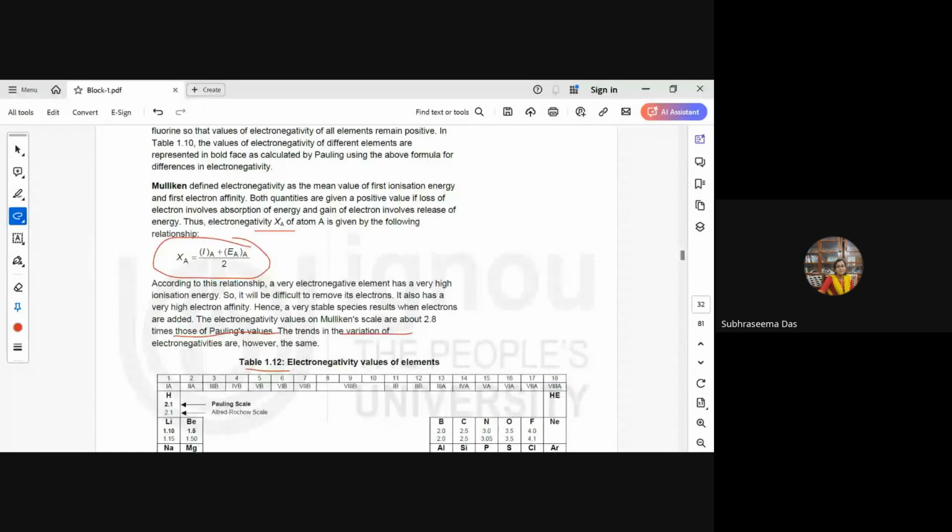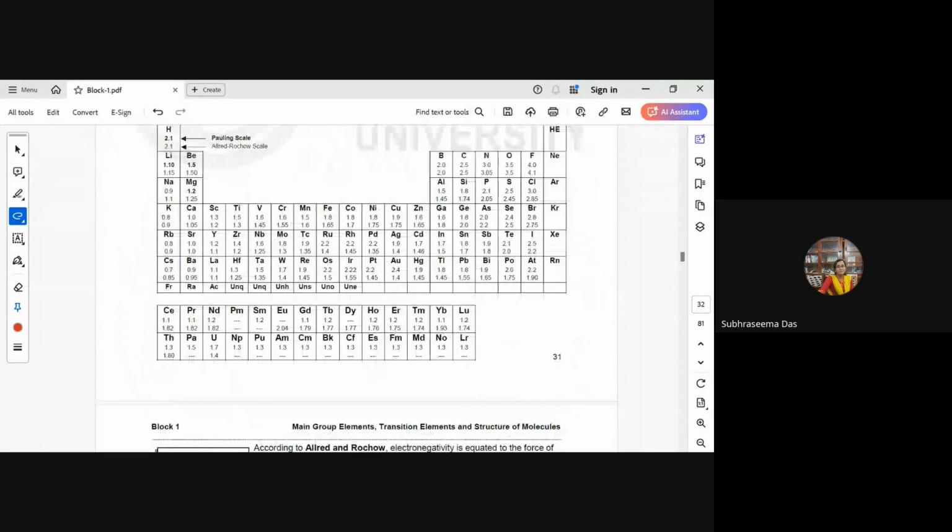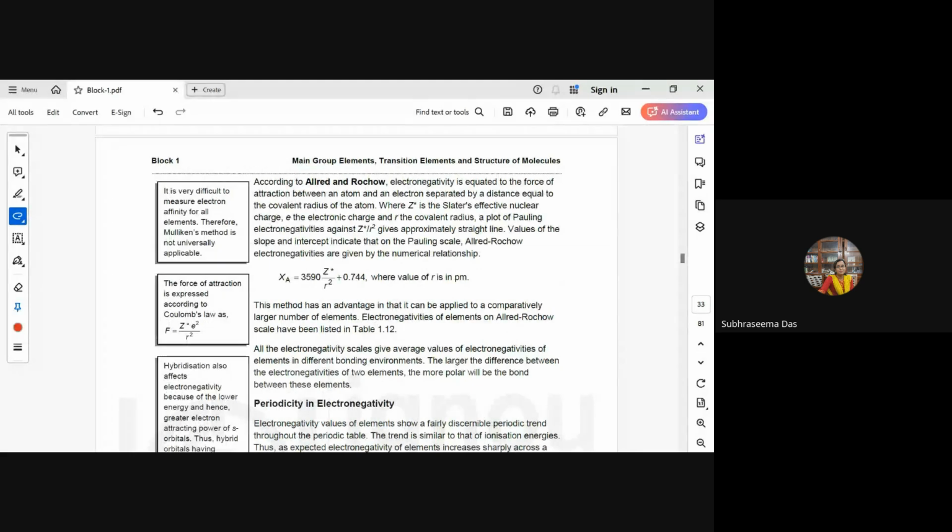Now, after the Mulliken scale, one of the most commonly accepted scales has been the Allred and Rochow scale, where the electronegativity is equated to the force of attraction between an atom and an electron that is separated by a distance equal to the covalent radius of the atom.